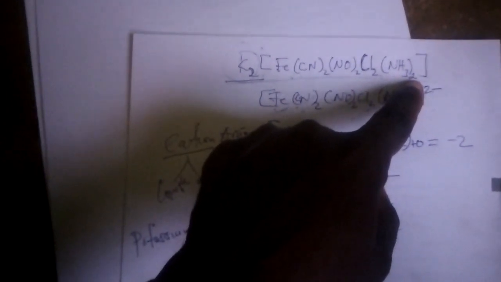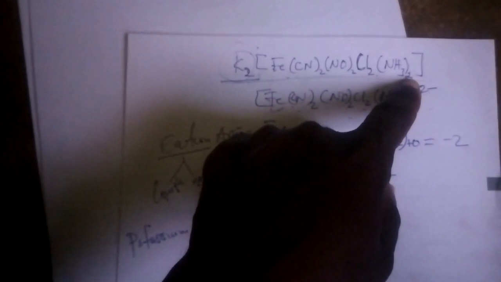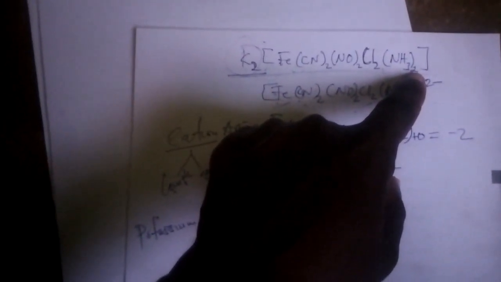So we start with the ammine, but there are 2 ammine. Since there are 2 ammine, we use the prefix di to indicate that within that complex there are 2 ammine. We say diammine. Also, there is chloro, there is cyano. So how can we start?